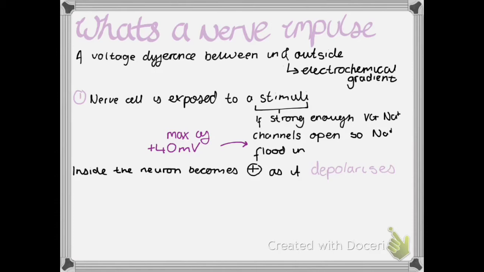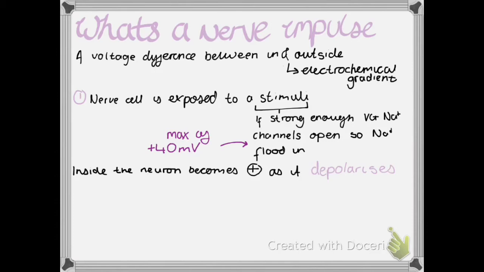To start off a nerve impulse, a nerve cell has to be exposed to a stimulus. This stimulus has to be strong enough to cause the voltage-gated sodium ion channels to open. So now these channels are open, you've got sodium ions moving inside across the membrane into the nerve cell or the neuron.